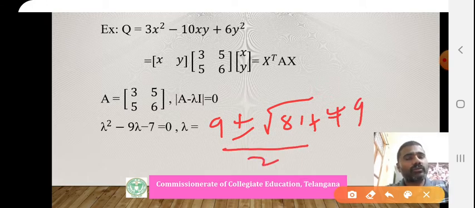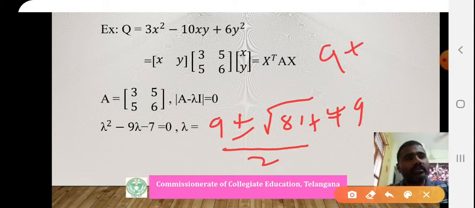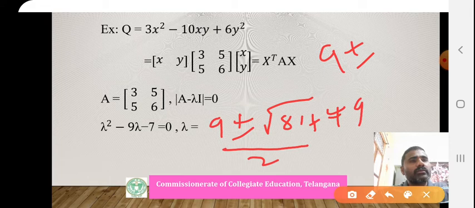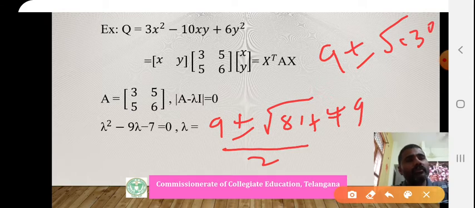This is equal to 9 plus or minus root 130, divided by 2.